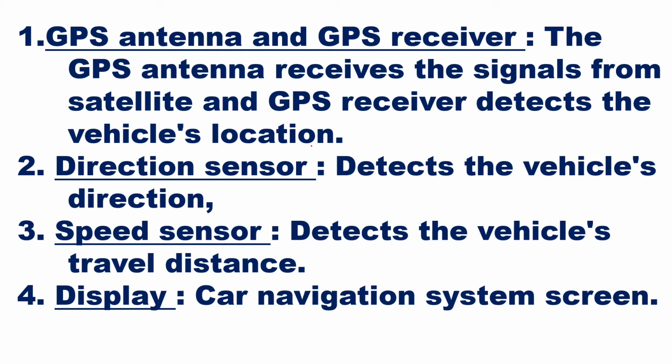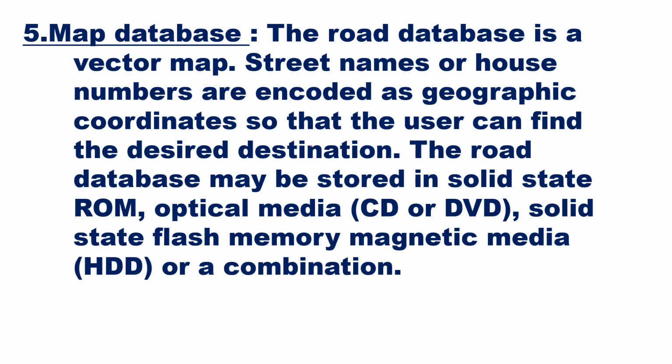Second, the direction sensor detects the vehicle's direction. Third, the speed sensor detects the vehicle's travel distance. Fourth, the display gives the car navigation system screen on which your location and other things are displayed. Then there is a map database, which is stored in some kind of memory.